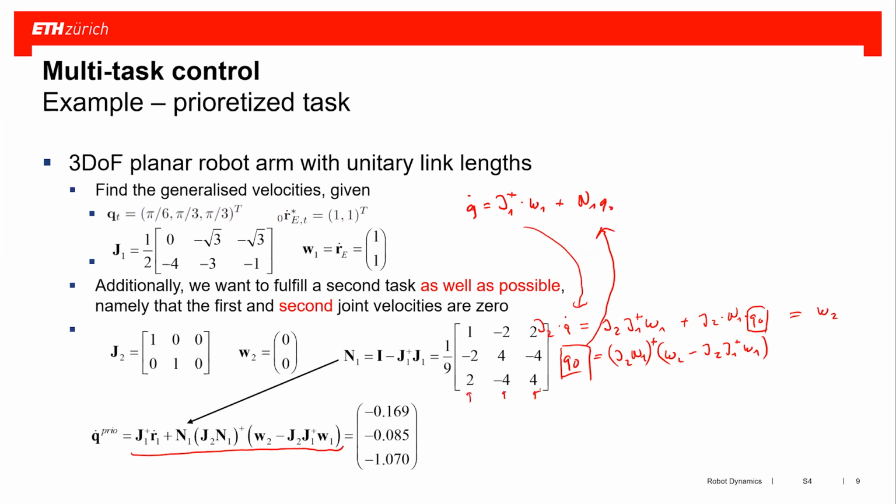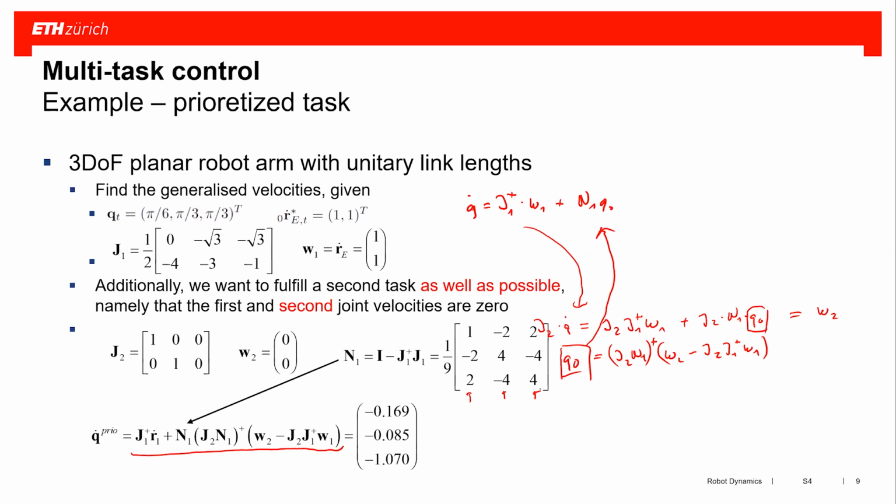But if you look at these 3 columns, we see that they are essentially linearly dependent, right? If I multiply the first column by -2, I will end up with a second column. If I multiply the first column by 2, I will end up with a third column.